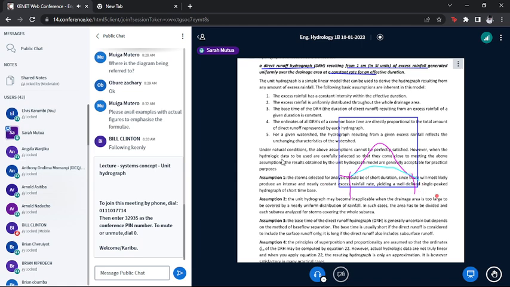That is the base time, the period between the start and the end of the direct runoff.